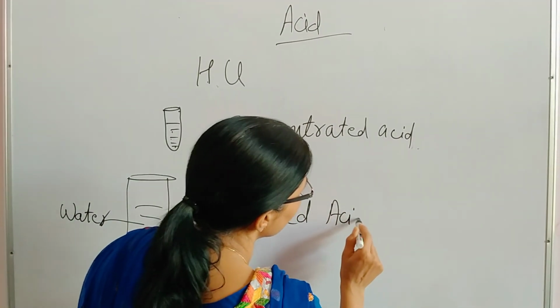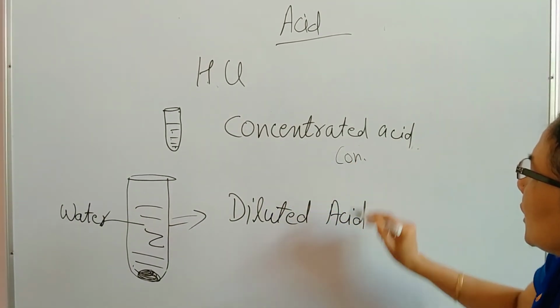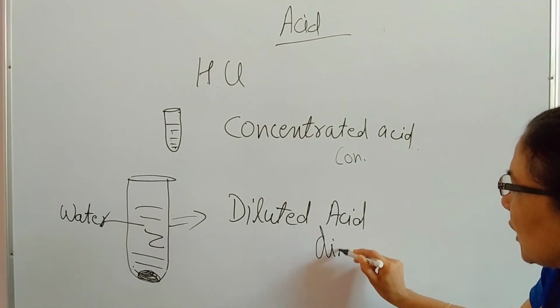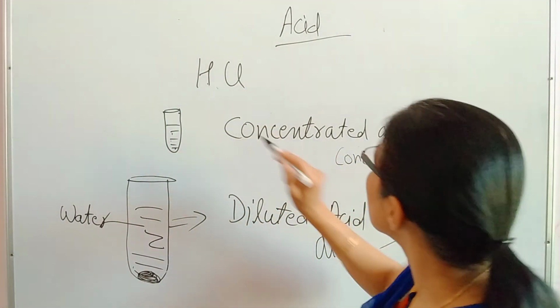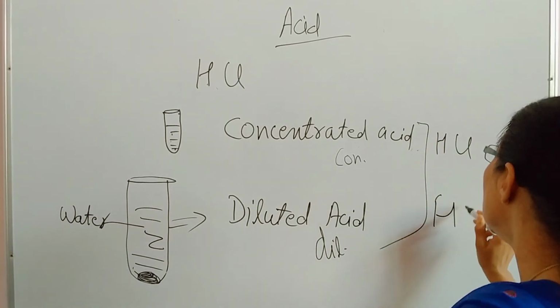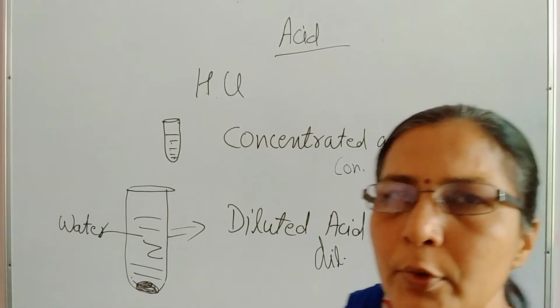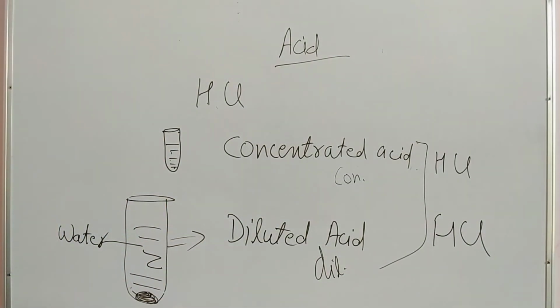So concentrated acid is written as concentrated, dilute acid is written as dil. Suppose this one is HCl acid, then dilute HCl acid and concentrated HCl acid, the bottles we have in the laboratory, will be written in such a manner.